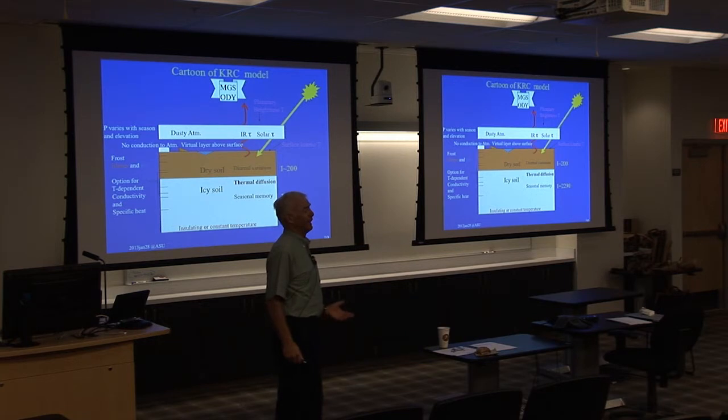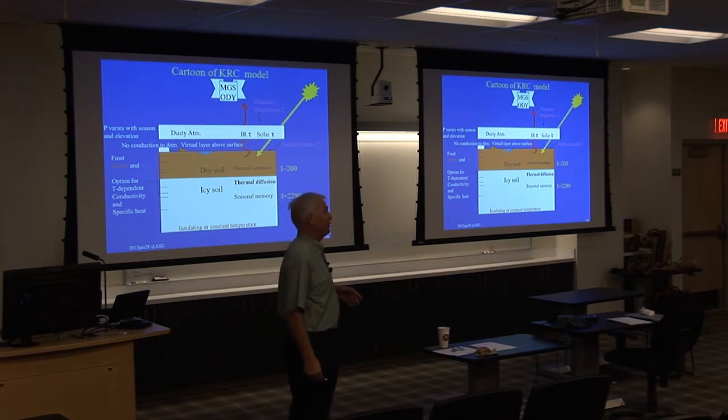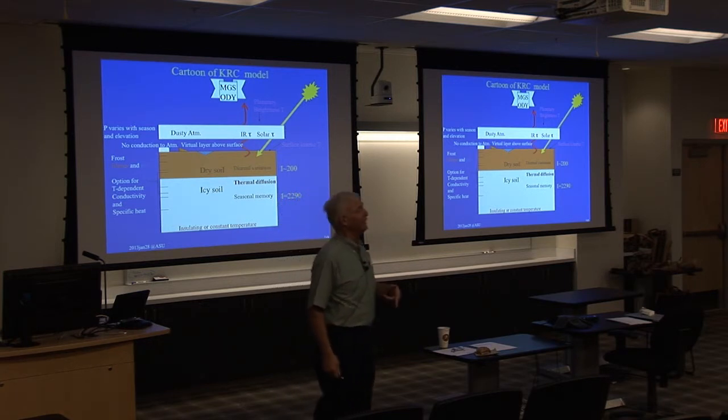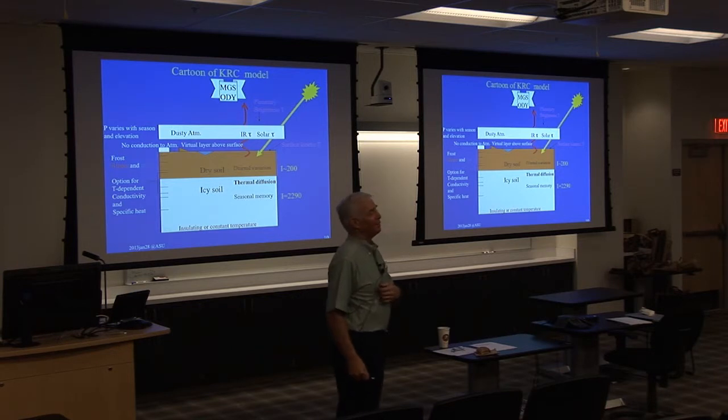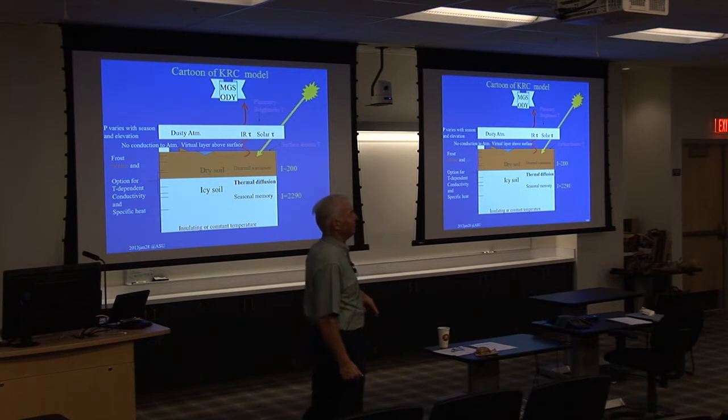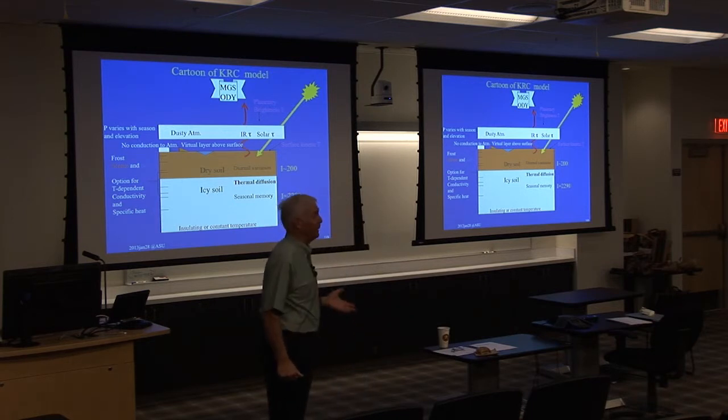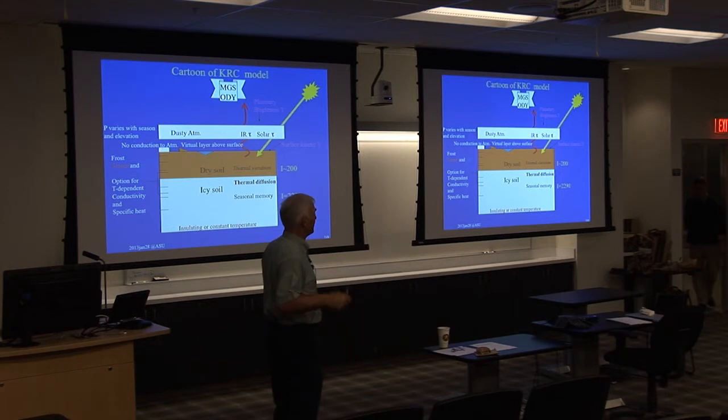Well, the easy way to handle that, the way KRC handles that, is you run each of the models independently, and you add them in proportion to what you think their fractional coverage is. That's an approximation to this thing. KRC has no lateral heat transfer. It doesn't look sideways to see what its neighbors are doing.